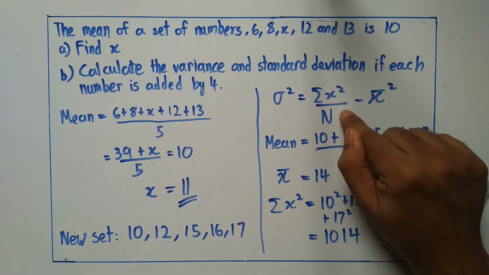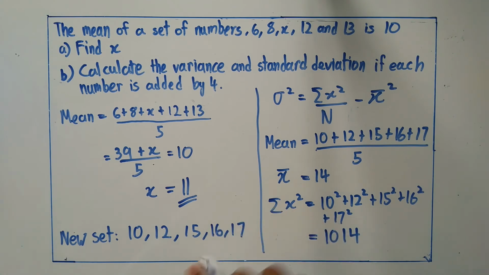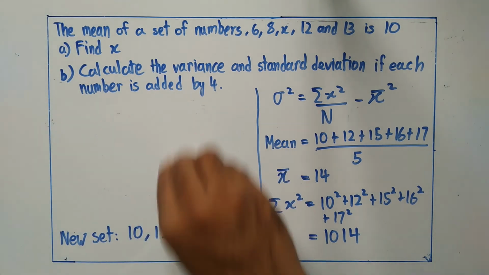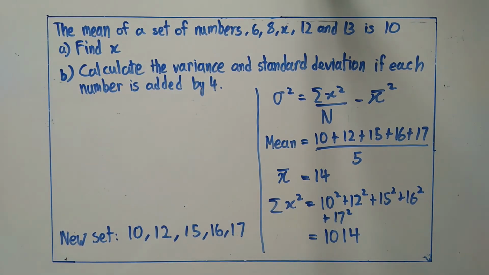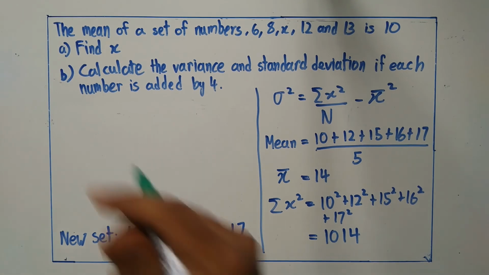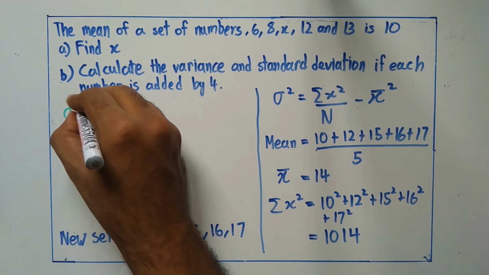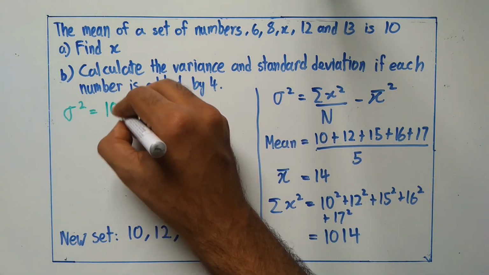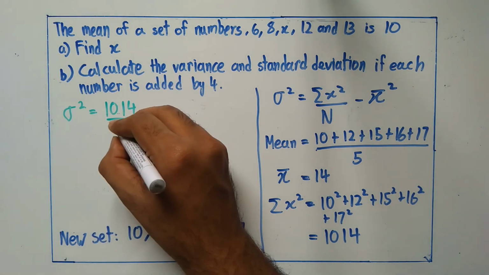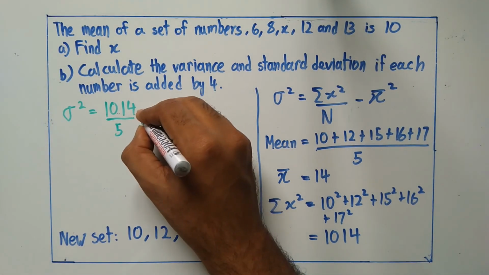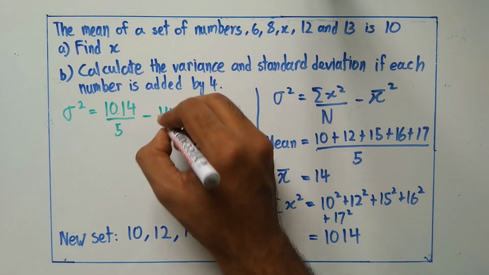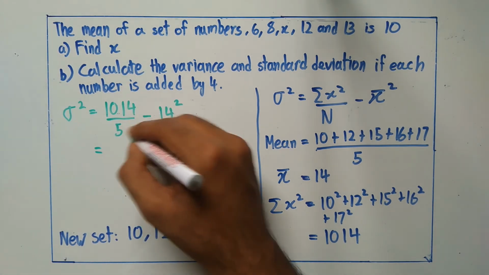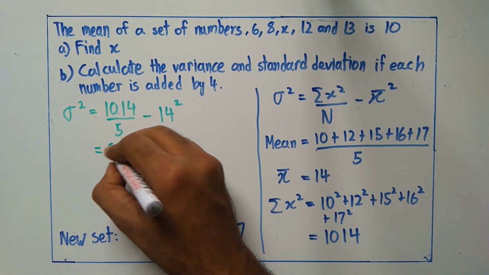N is the number of terms. We have 5 terms, so the value of n is 5. After calculating these values, you should get 6.8.